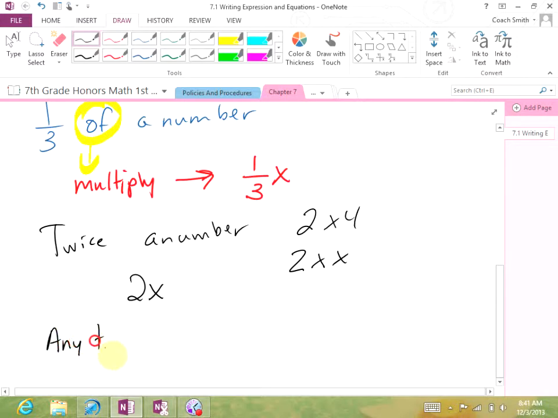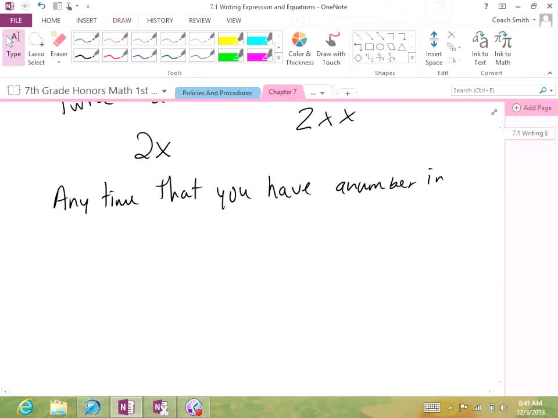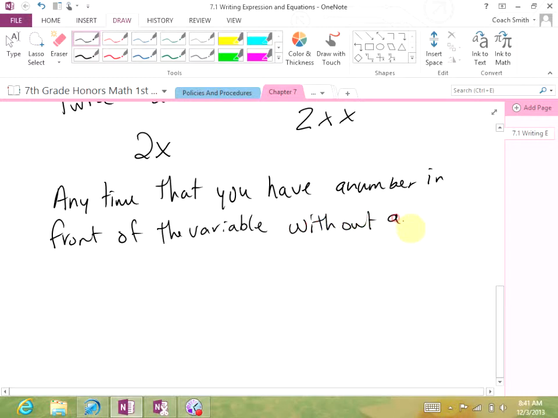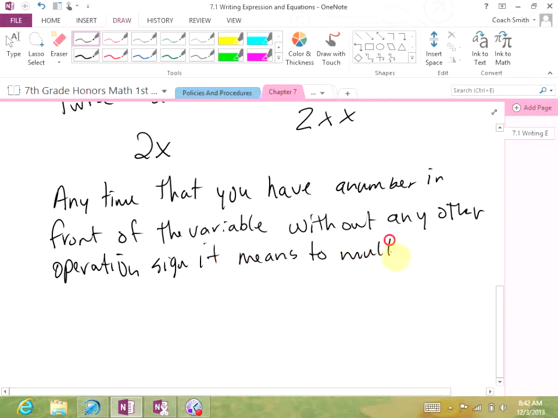Anytime that you have a number in front of the variable without any other operation sign, like minus, division, plus, it means to multiply.